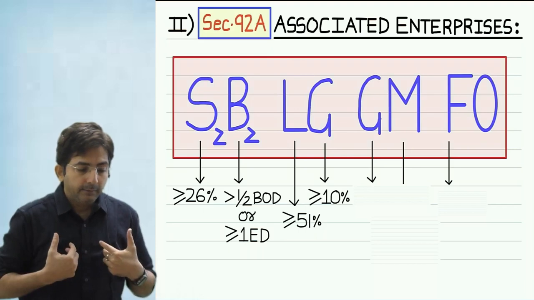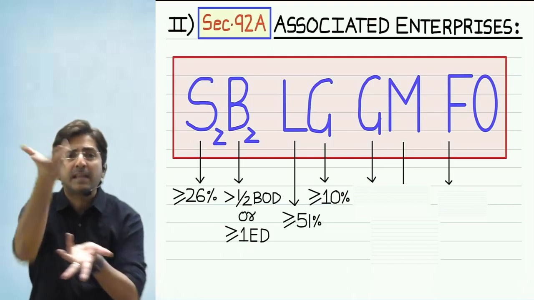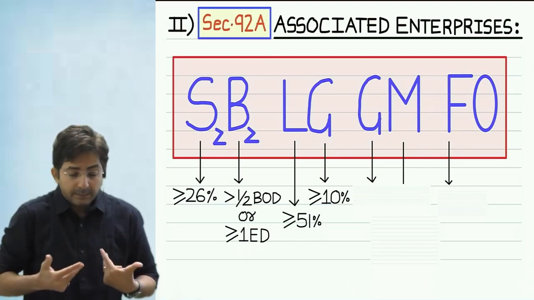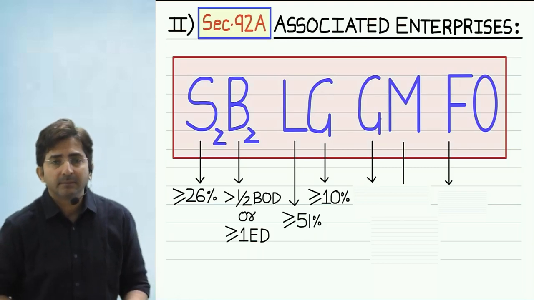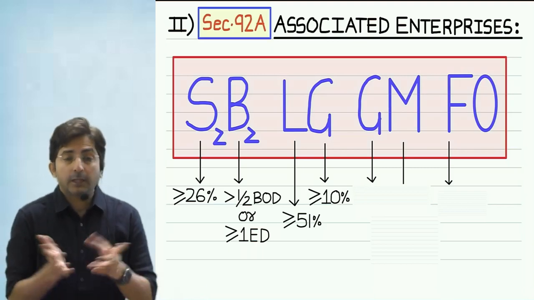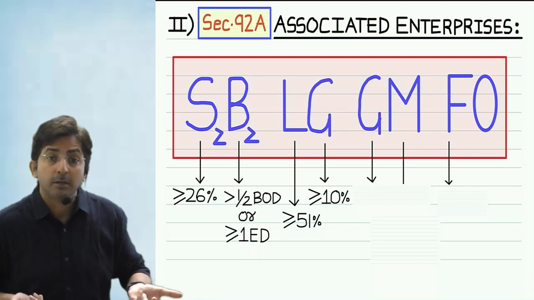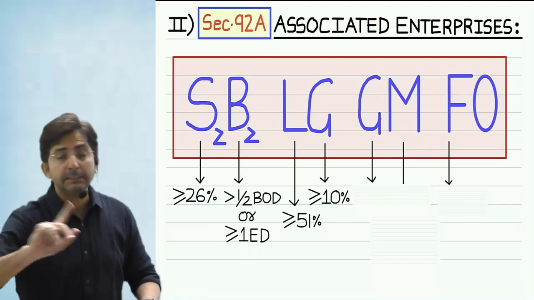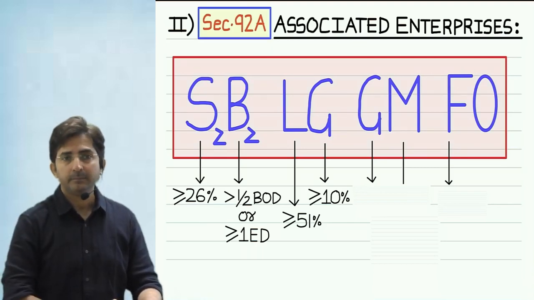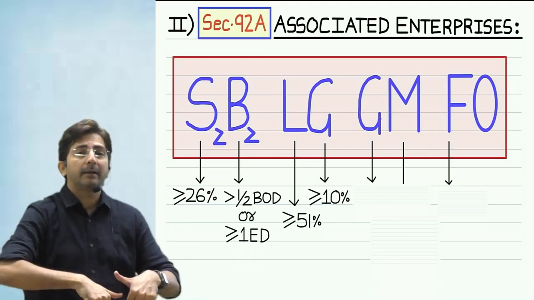Otherwise, Y is totally dancing to the tunes of Nike. So although there is no 26% relation, not even a relation of board of directors, still the law feels there is an association between Nike and Y Limited.